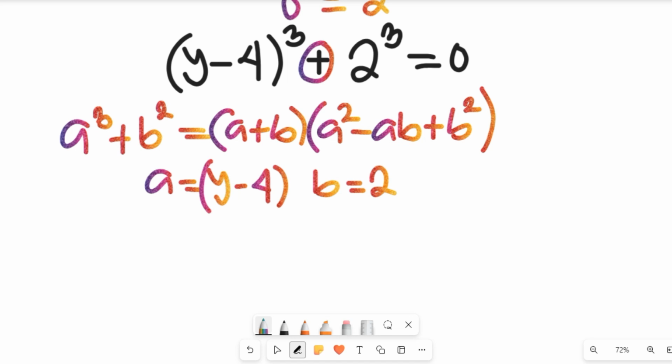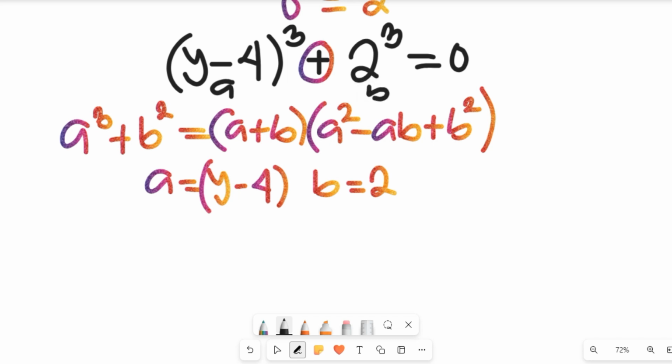Now, having seen that, what we are going to do next is to simplify. We're going to simplify that whole expression, recalling that this expression here is a and this expression here is b.